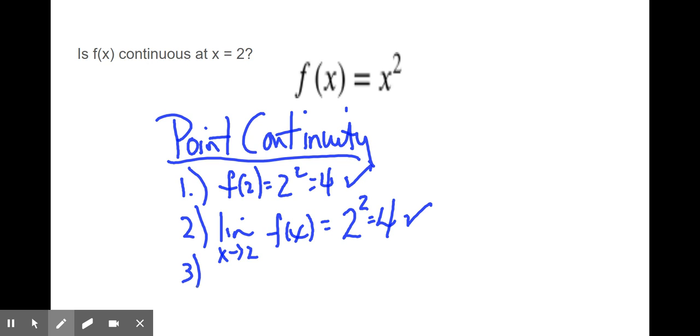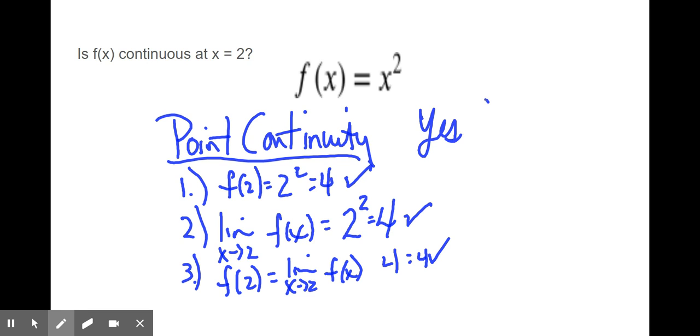And then number 3 says that the answers you just got must be equal to each other. And sure enough, they're all equal to 4. So f must be continuous at x equals 2. So the answer is yes, f is continuous at x equals 2.